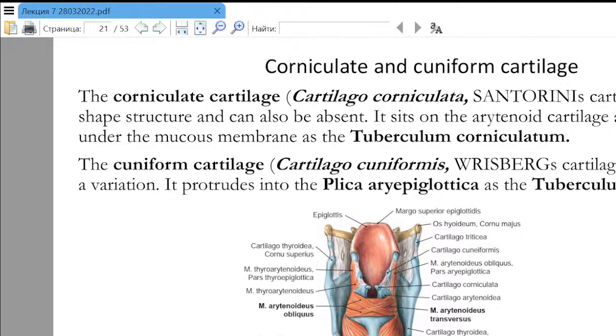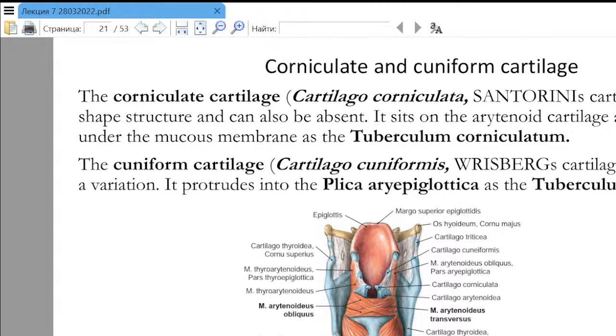The cuneiform cartilage, cartilago cuneiformis, what do you see? Cartilago cuneiformis also may occur as a variation.